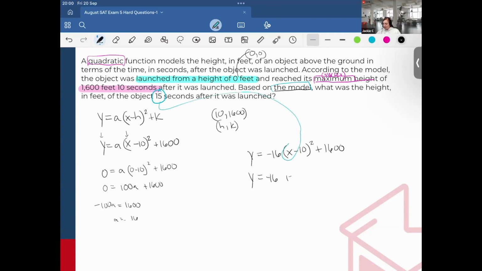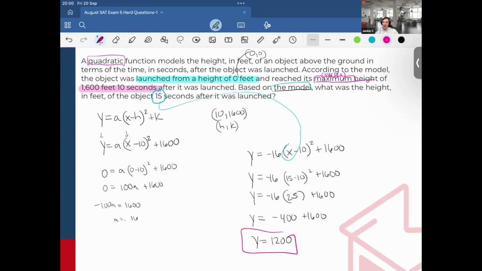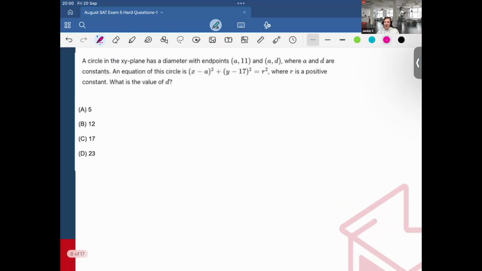Which will be y equals -16 times (15 minus 10), that would be 5 squared, so times 25, plus 1,600. -16 times 25 is -400, plus 1,600. And therefore, I get my answer, which is that at 15 seconds, the height of this object will be 1,200. Wasn't that amazing? Continuing our journey.